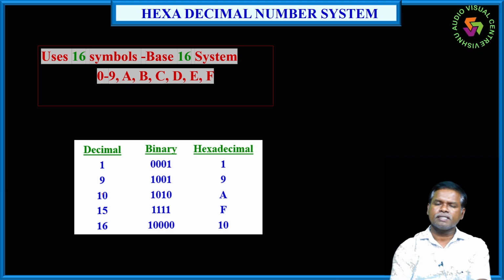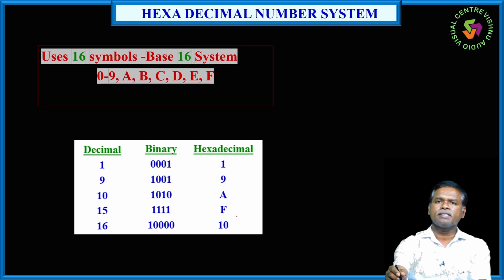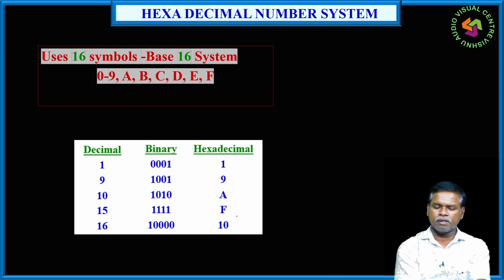In hexadecimal that 10 is represented with the alphabet A, and its binary equivalent is 1010. Decimal 15 in straight binary is represented with four ones, and in hexadecimal the equivalent of decimal 15 is F, which is the last symbol in the hexadecimal number system.